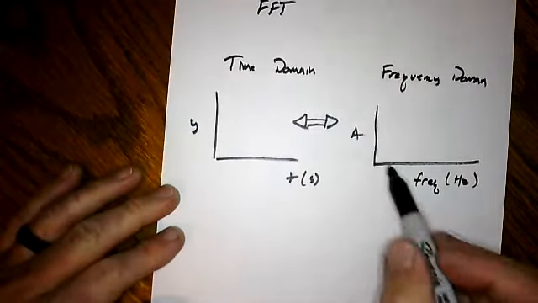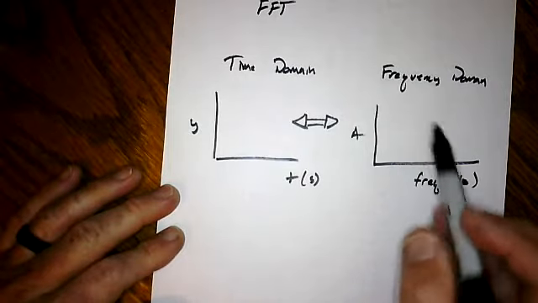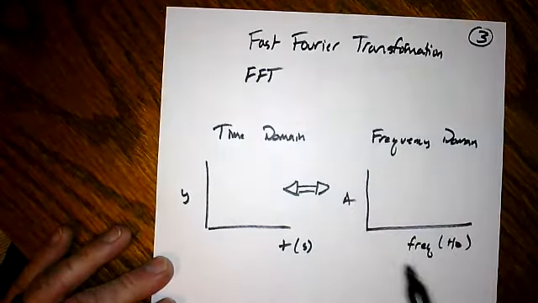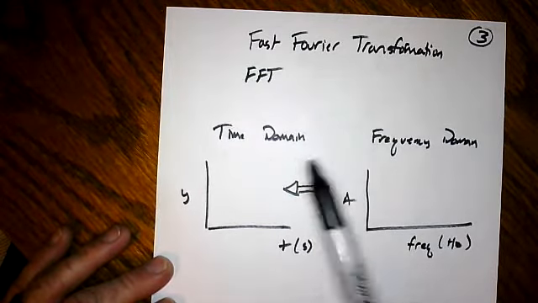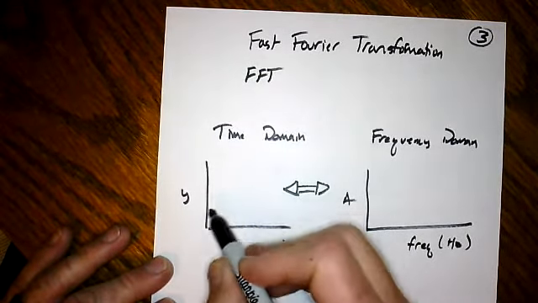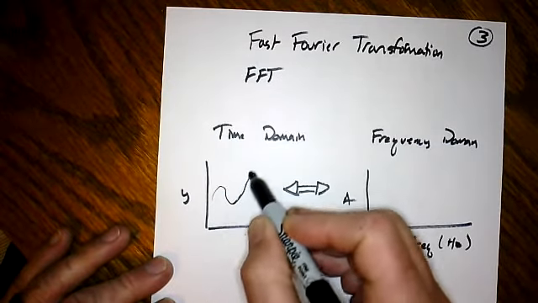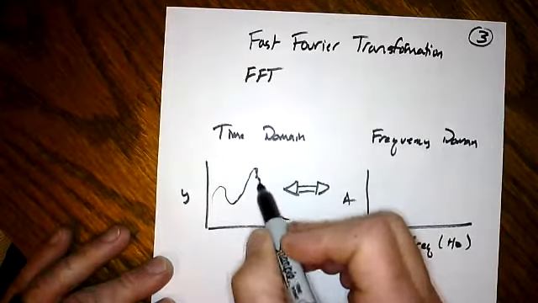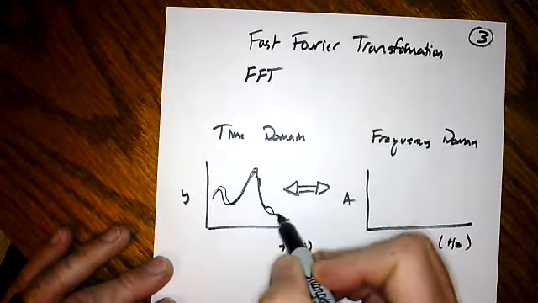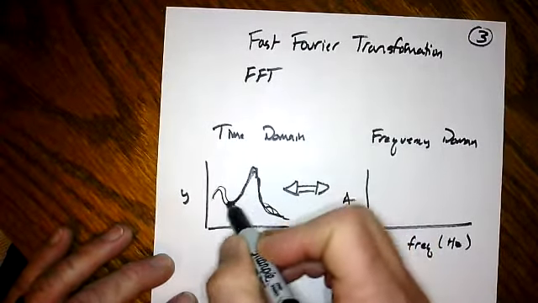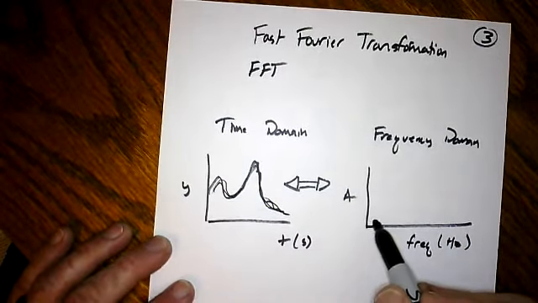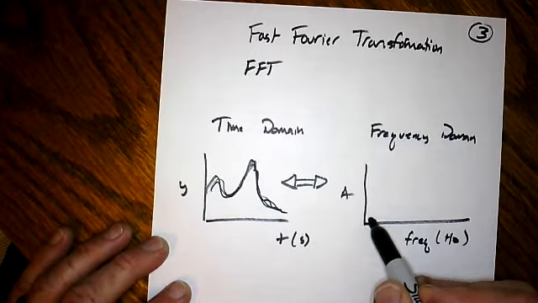All right, so what the Fourier transformation theorem states, I don't have the exact wording, but we can take any time domain signal in here, whatever it is, whatever the time domain signal is, we can represent with a bunch of sine waves.